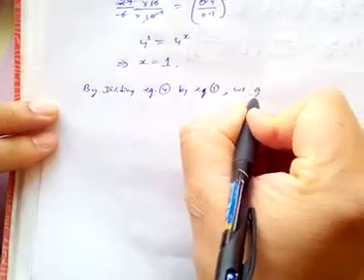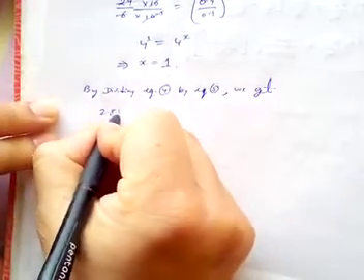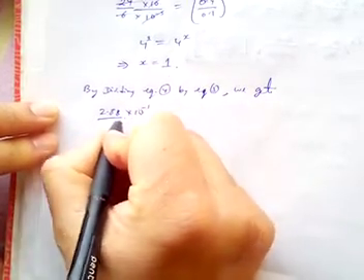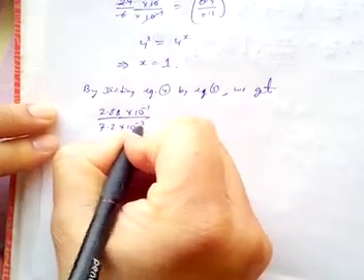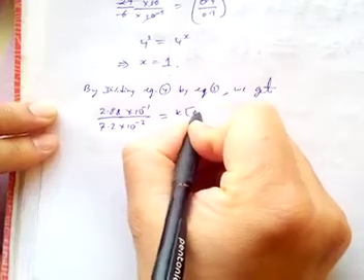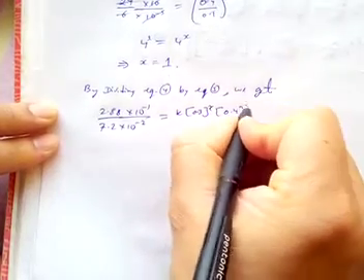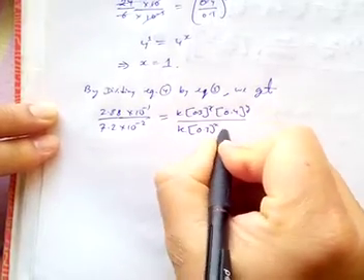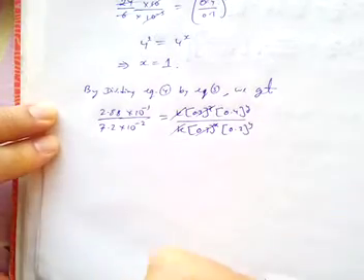We get 2.88 into 10 to the power minus 1 by 7.2 into 10 to the power minus 2 is equal to k, 0.3 to the power x, 0.4 to the power y by k, 0.3 to the power x, 0.2 to the power y.